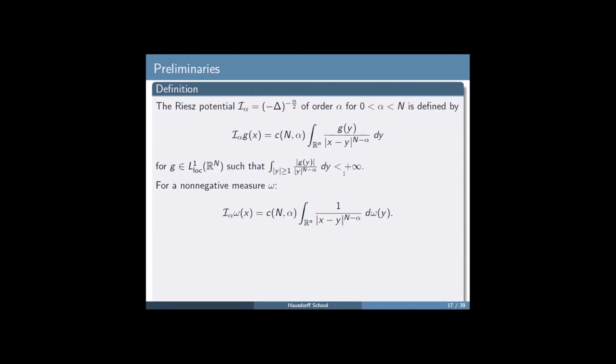Okay, so we need this condition in order to get that this potential is finite almost everywhere. And for a non-negative measure omega, we define the Riesz potential in a similar way. And again, you can impose a condition like this on the measure in order to get that this potential is finite almost everywhere. But here we are going to consider measures with compact support, so we are fine here.